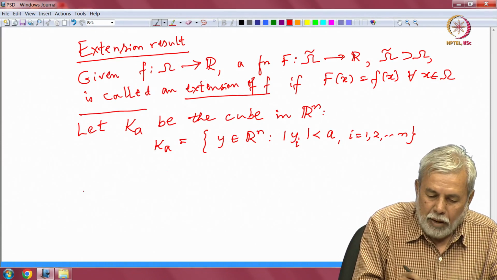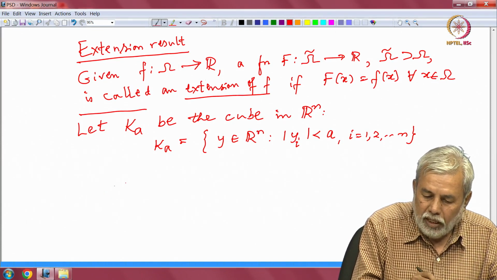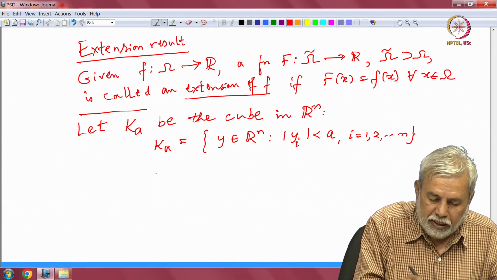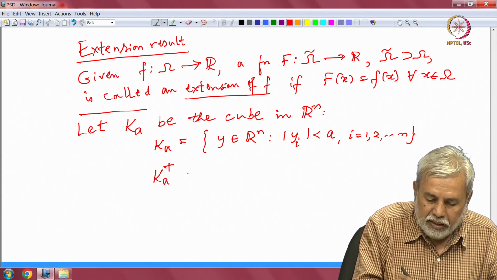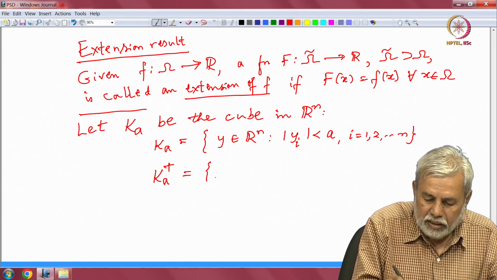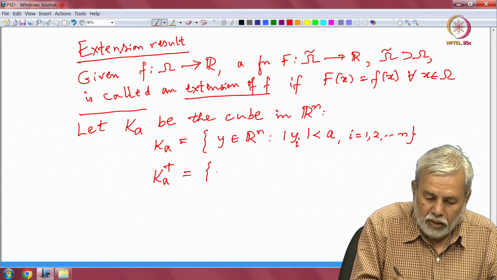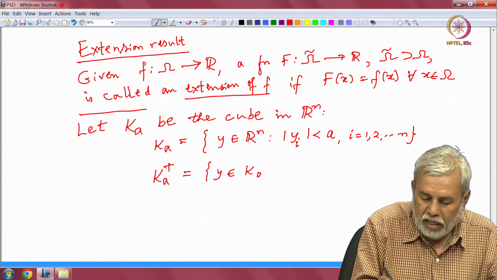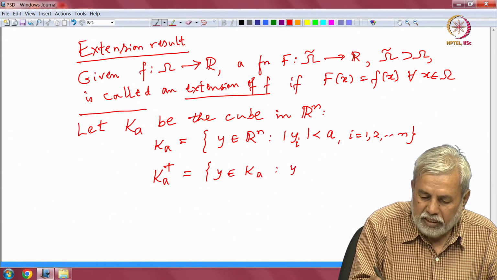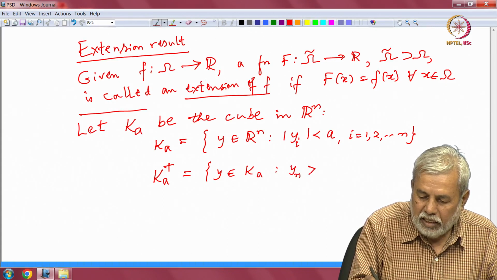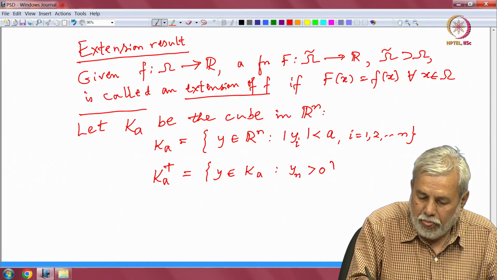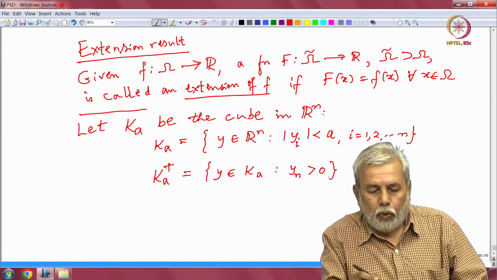The upper half cube is this one. Let K a plus be the set of y in K a with y n greater than 0. For simplicity let us take this; any coordinate will do.